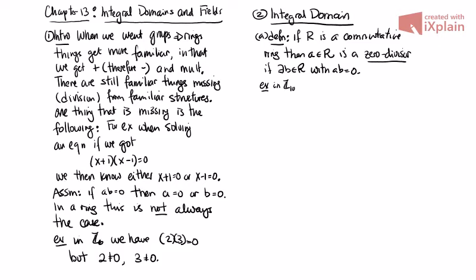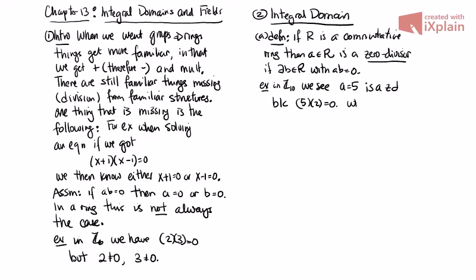So for example, like the one we just saw as an example, but here's a different one. So in Z10, we see that a equals 5 is a zero divisor because 5 times 2 is 0.